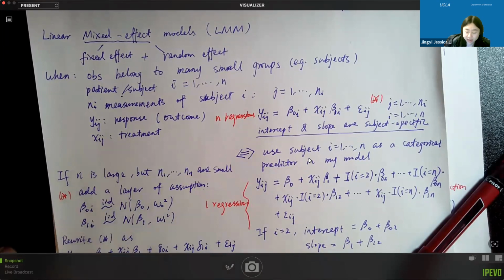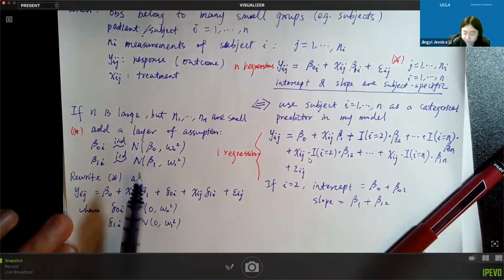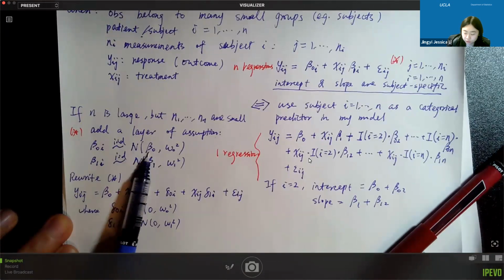So you see, I just rewrote this by separating beta 0, the mean, from the random part.